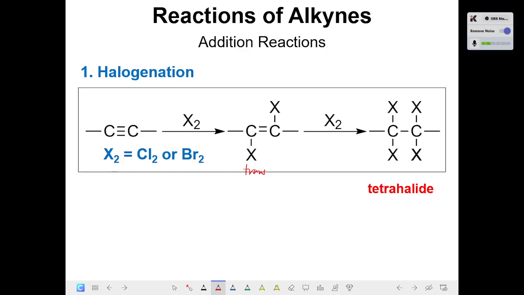So, mag-attach yung halogen dito and we will form your tetrahalide. So, when say tetrahalide, apat, tetra, 4, and halide referring to the halogens. So, for halogenation is either chlorine gas or bromine gas yung ating ginagamit.